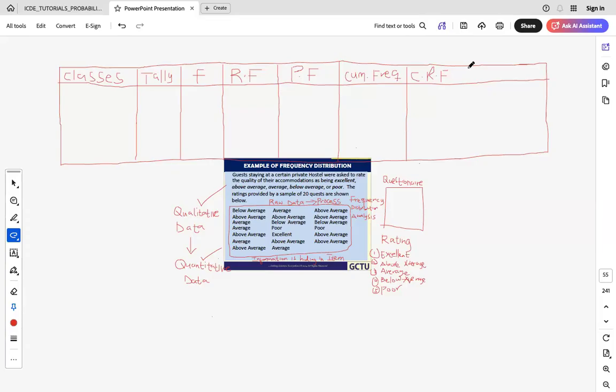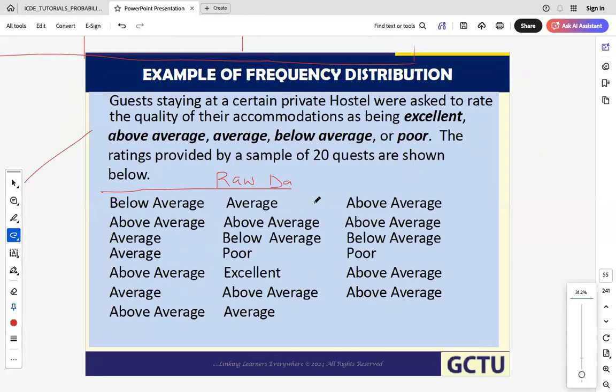Then finally, the last column, which is the eighth column, we'll label as CPF, cumulative percent frequency. So these are the 8 columns we can use to process this data. Let's read and get understanding of the data.